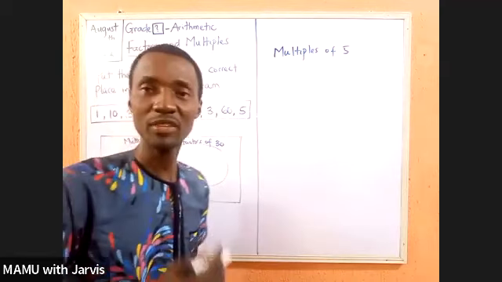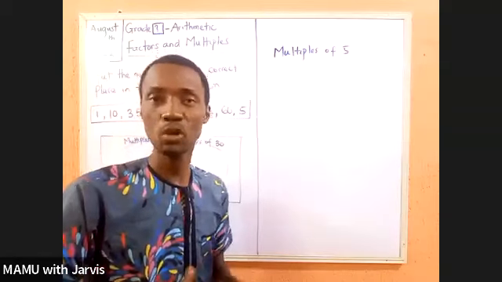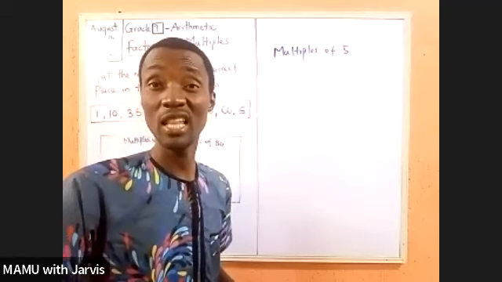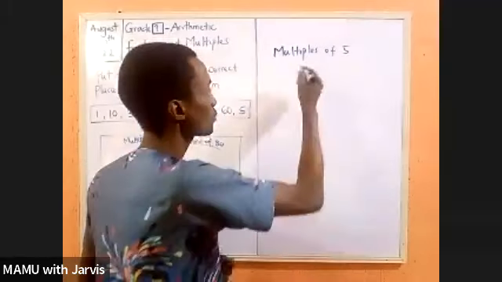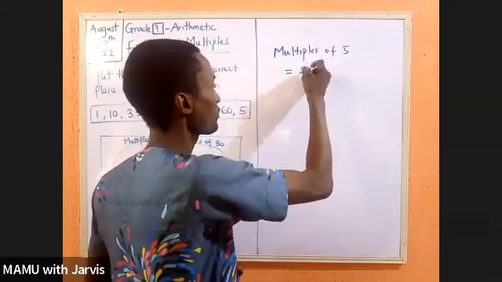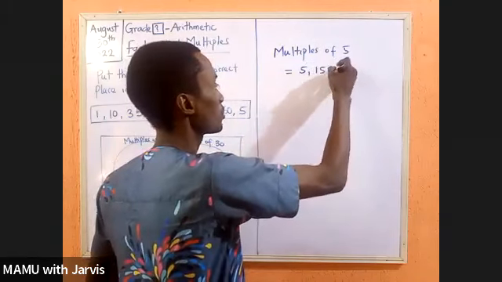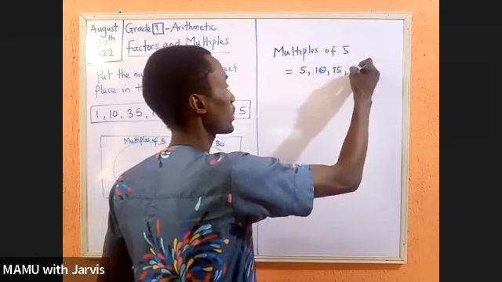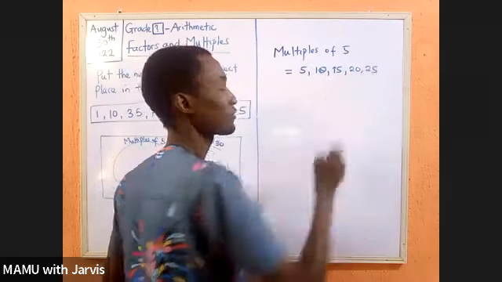It means read in 5s. 5 times 1, 5. 5 times 2, 10. 5 times 3, 15. So I'll simply write that. I'm going to have 5, 10, 15, 20, 25.